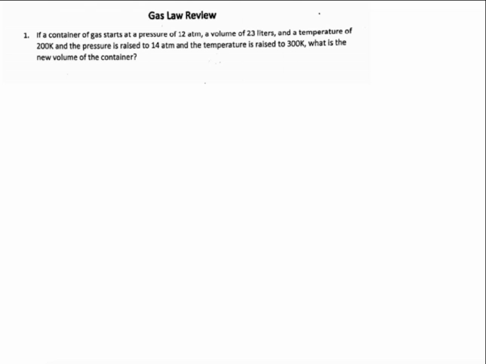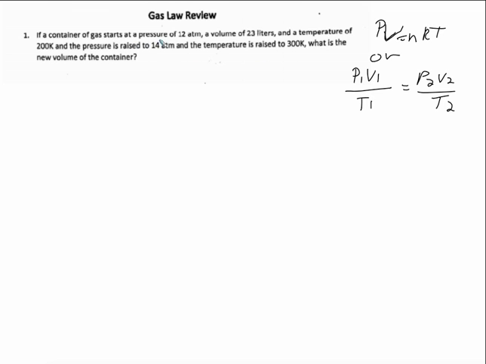Okay, so the first thing is I read the problem, and as I read it, I'm looking for anything about moles or grams. Because on this worksheet, you're either going to be using this formula, PV equals nRT, or you're going to be using the combined gas law, P1 V1 over T1 equals P2 V2 over T2.